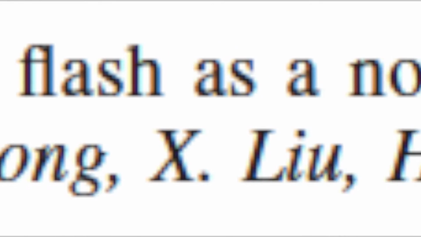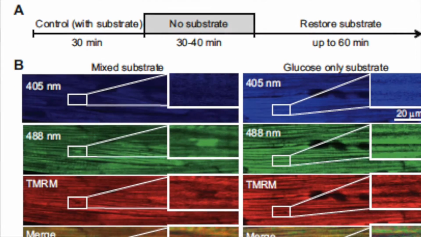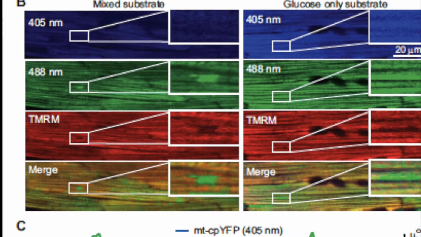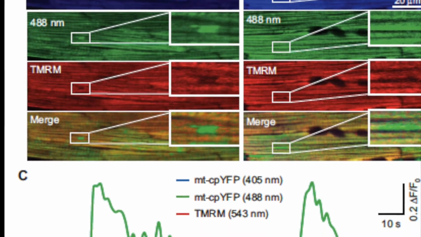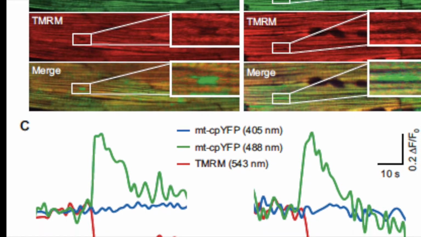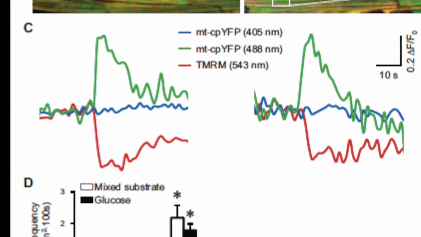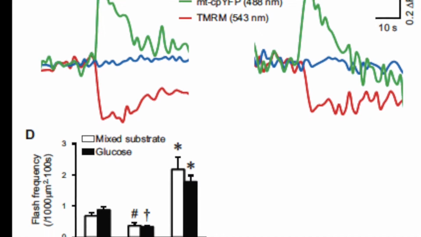Gong et al. showed that electron transport chain coupled mitochondrial flash is a novel biomarker for monitoring mitochondrial respiration in cultured adult cardiac myocytes and in the perfused beating heart. Confocal imaging of mitochondria was observed in a preparation using mitochondrial circularly permuted yellow fluorescent protein.